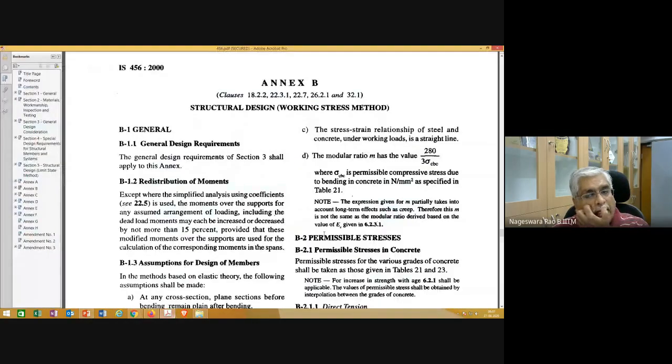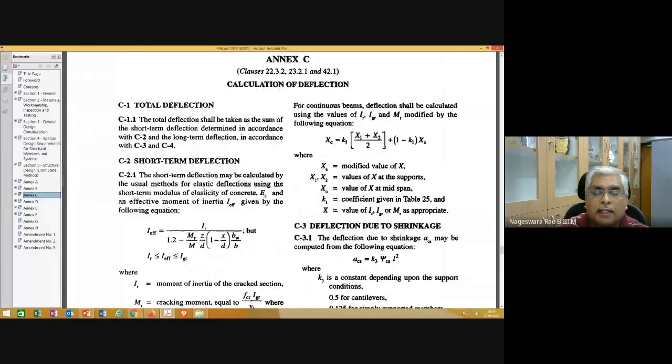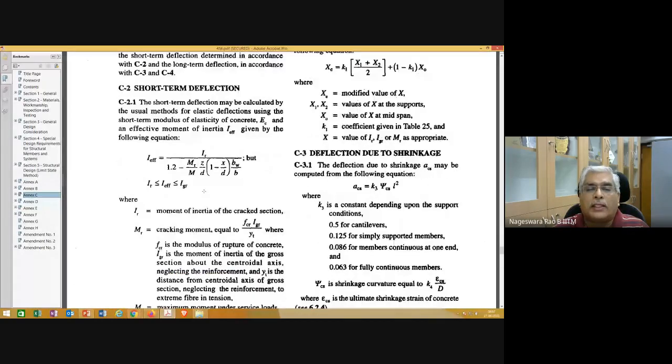And for completeness, whatever Professor Amlan just mentioned, let me show you section C, which we already looked at in the earlier classes. I showed you this effective moment of inertia. Let me magnify it. Let's go and see this once again. Effective moment of inertia is given by this formula, okay? Here IR is the moment of inertia of cracked section.